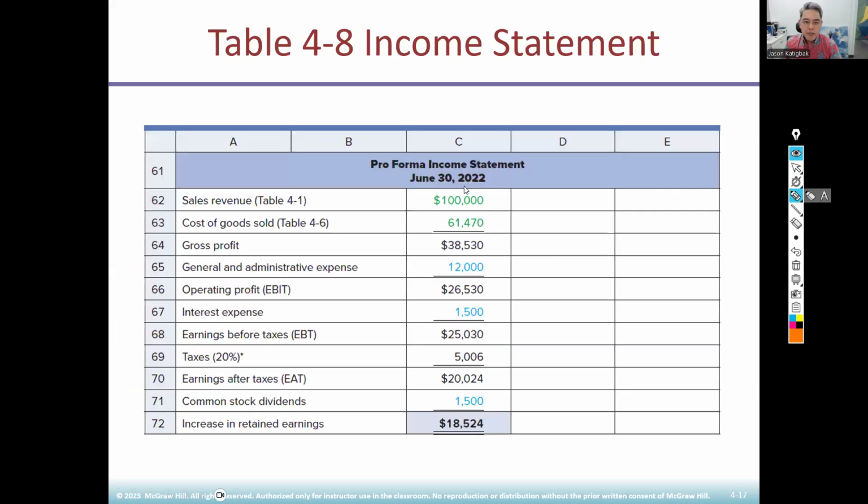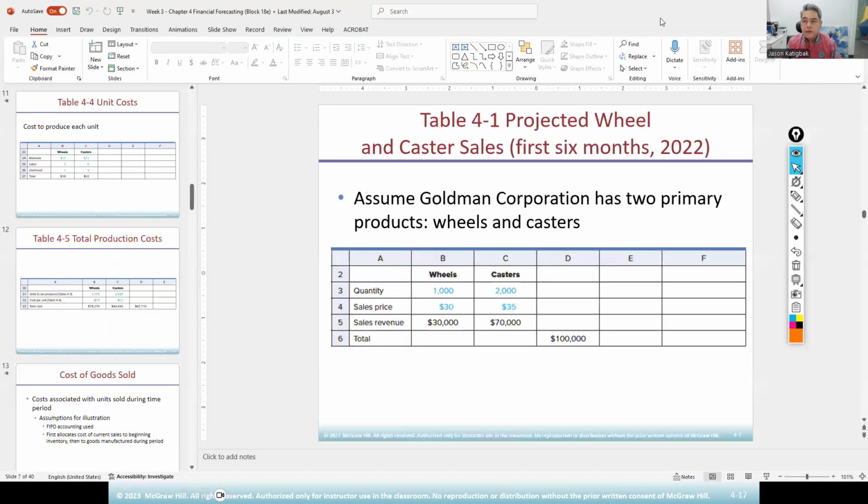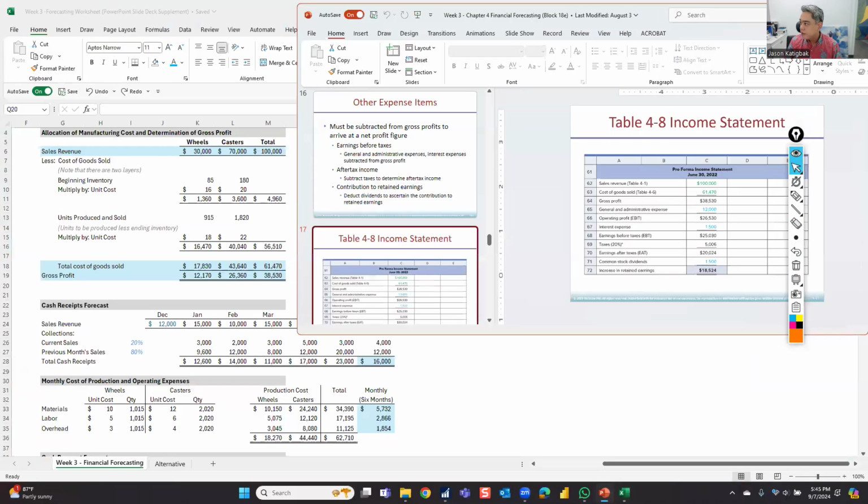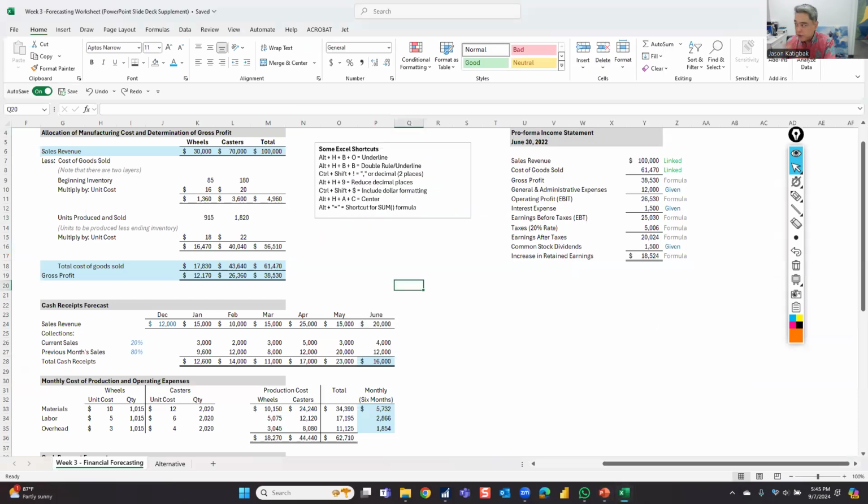Here is the pro forma income statement in 2022. So you would see that some of the numbers are actually given, right? So this is the given. So I'll go back to what we have in our Excel sheet. So I'm going to move it out. Then the same thing.